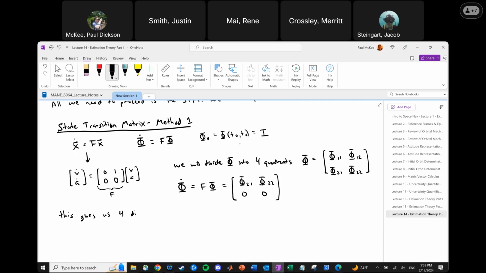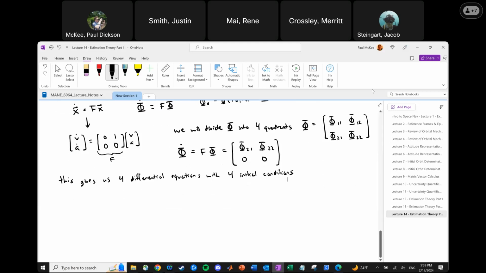So this gives us four differential equations with four initial conditions. Okay, so trying to make as much room as I can here. So let's talk about phi 1,1.